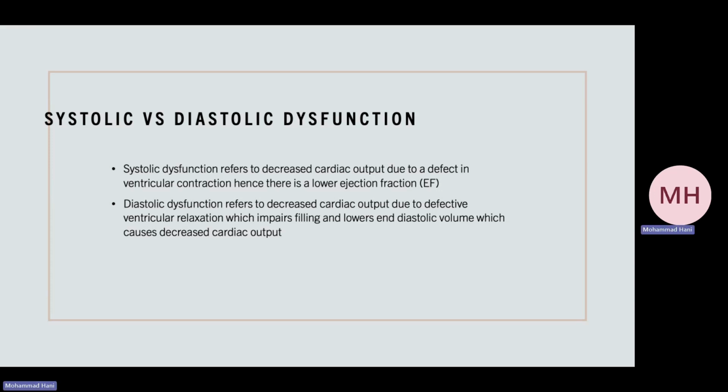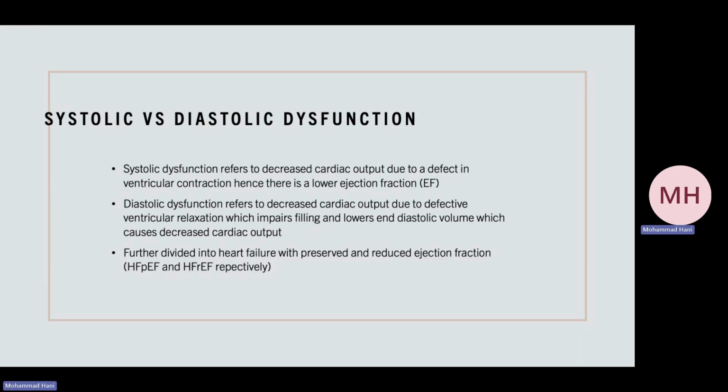And if they're not filled properly, you will obviously have a lower volume of blood, and a lower volume of blood would lead to decreased cardiac output because you will not be able to produce the same stroke volume, even if you have the same ejection fraction with lower volume of blood.